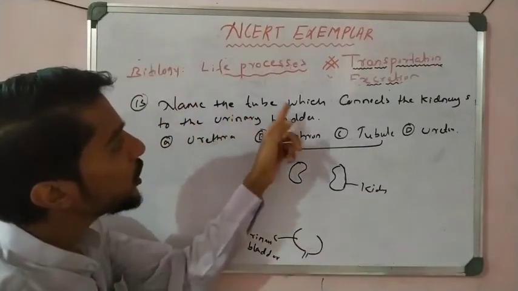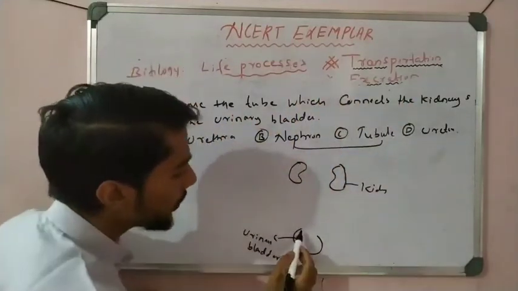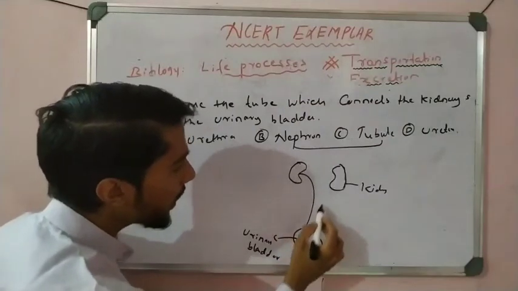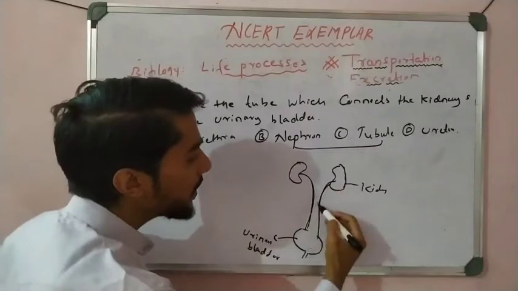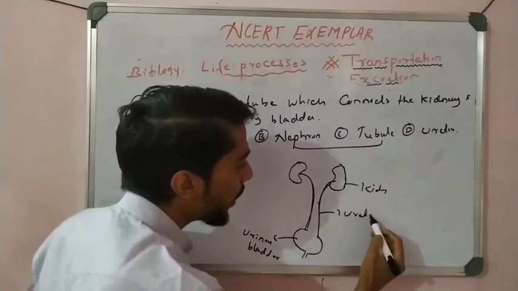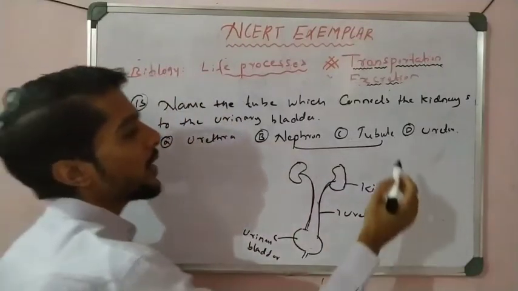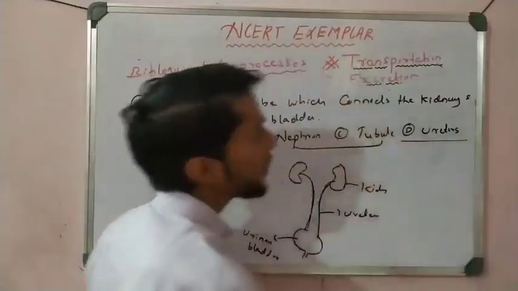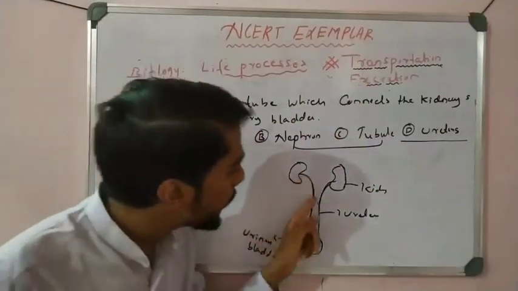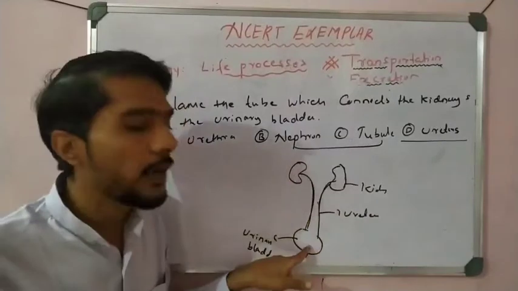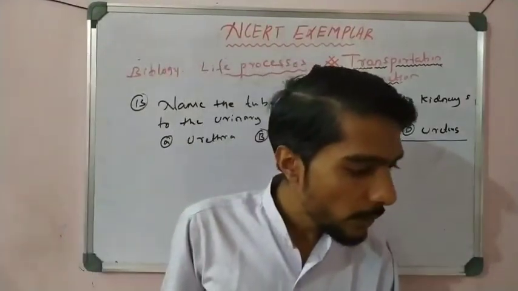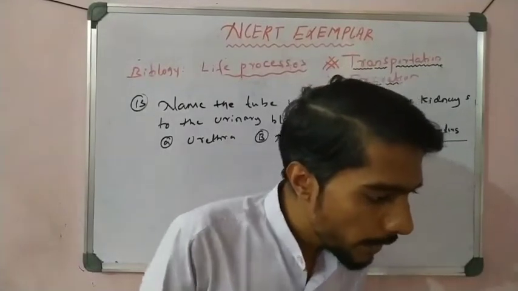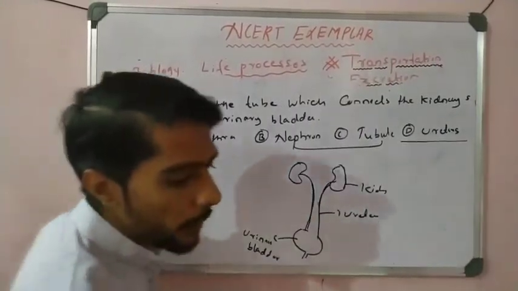The tube which connects the kidney and bladder, these tubes are called a pair of ureters. So the answer is correct, ureter. The tube which connects the kidney and the urinary bladder is called the ureter. Students, you have to remember this, it is very important.